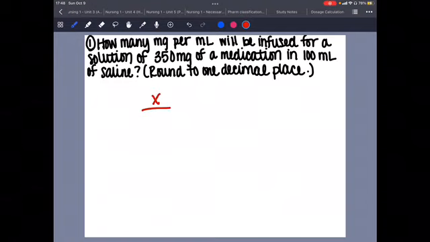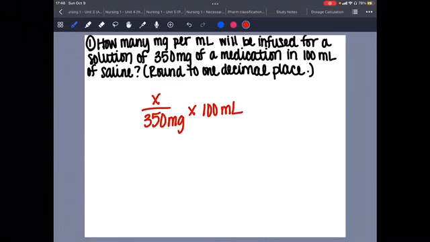So milligrams per mL. So you got X over 350 milligrams, and then you got 100 mLs already, so you're going to put that over to the side. Now all you're going to do with these two numbers right here is divide.